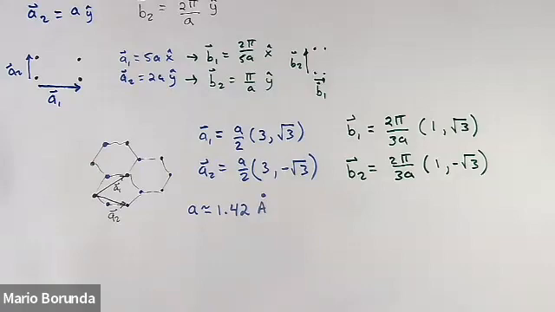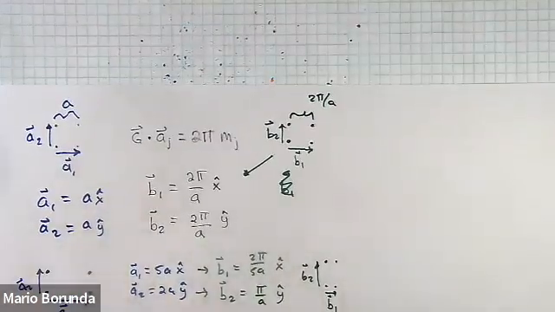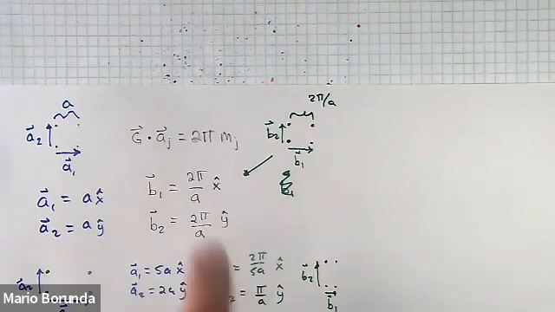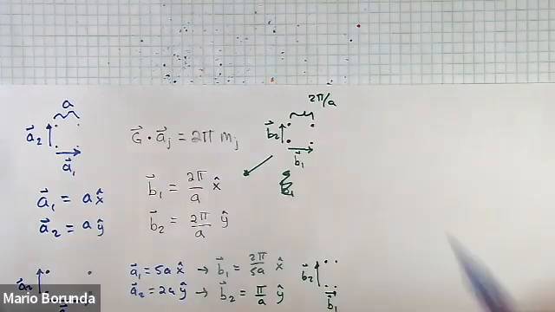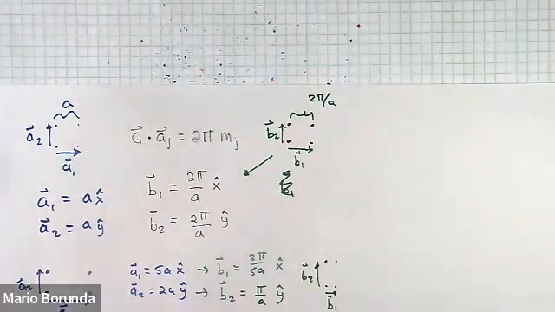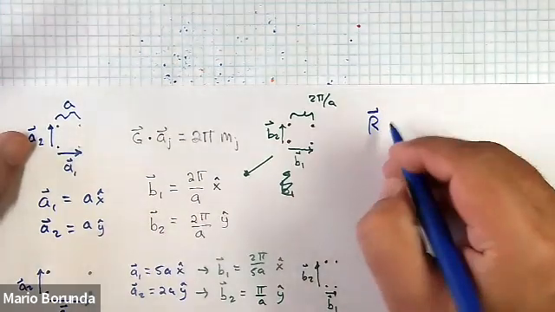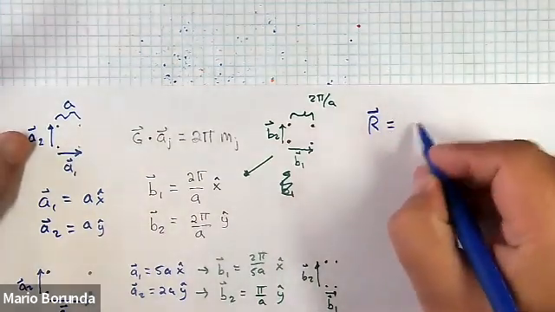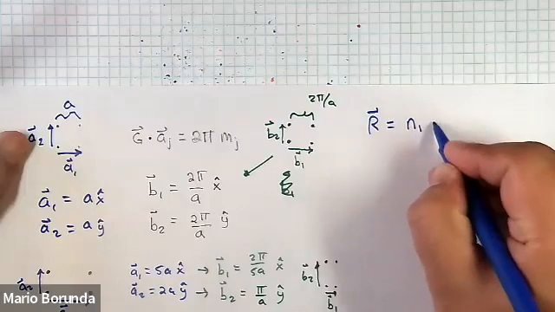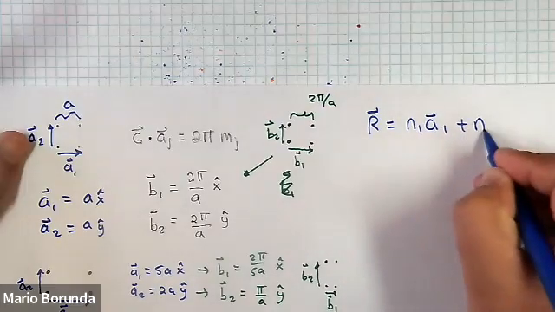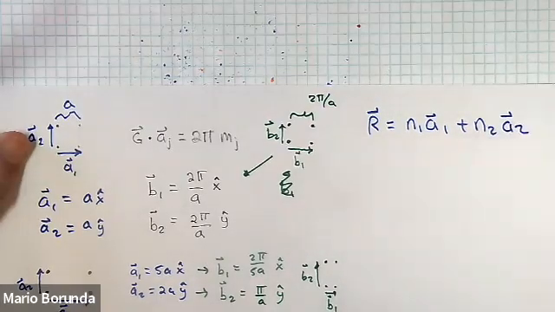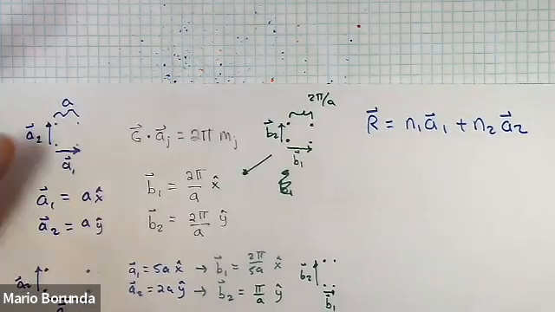So, in the first equation, describing this stuff, the G vector is just all these B vectors? All of the combinations of vectors. Yeah. Just like if you grab R, let me write this down. This big vector R could be N1 A1 plus N2 A2, and it can take you to any point in your lattice.